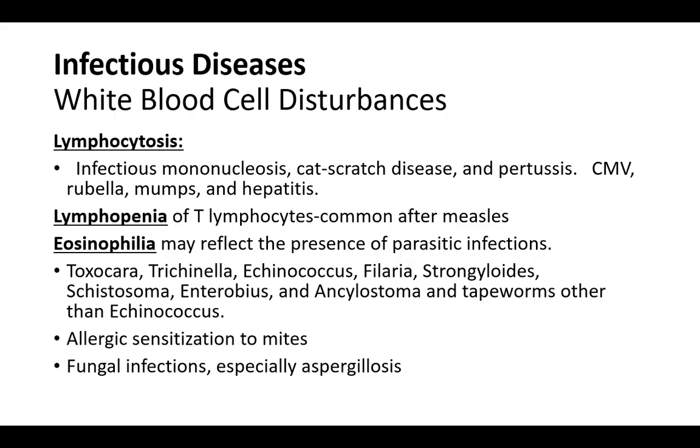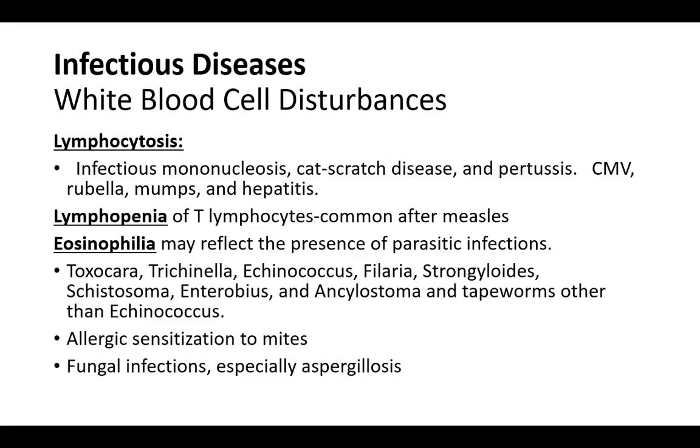Again, lymphocytosis and lymphopenia are common features in infectious diseases, and these are the infections most commonly associated with those. Eosinophilia is mostly seen in parasitic infections.